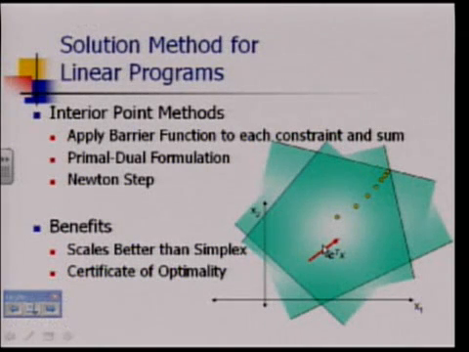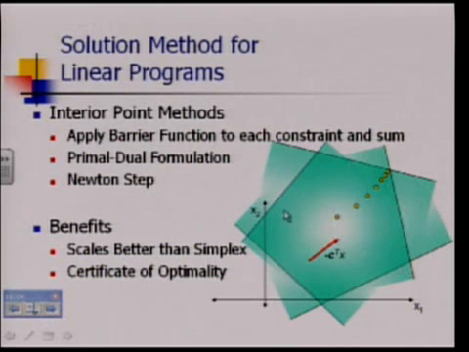And another method, which is slightly different from this searching on the extreme points and is also equally important, is called the interior point method. It is not an algorithm that directly gets into the vertices and then jumps around.